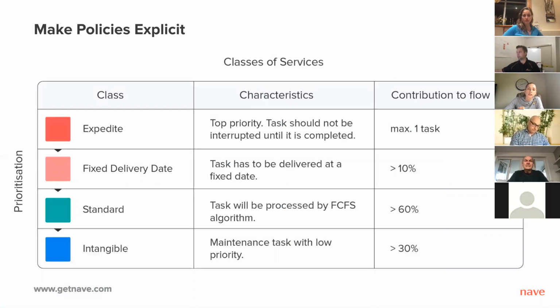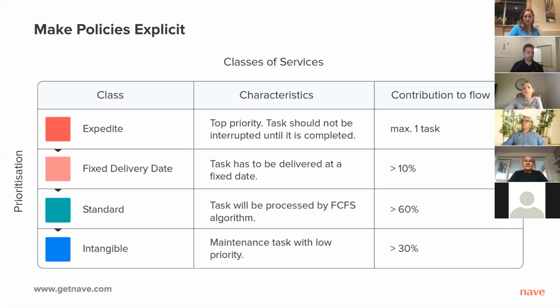Process policies are essentially the rules based on which your work items should be treated and interact with each other. Every policy should be made explicit, from when certain tasks enter the workflow to when they're considered completed. It is crucial that everyone on the team understands how to handle the different types of work items.